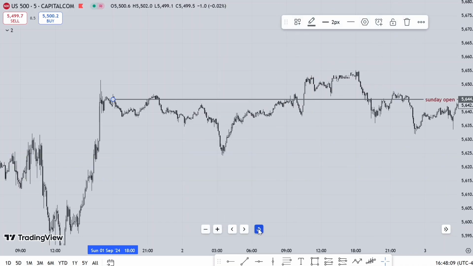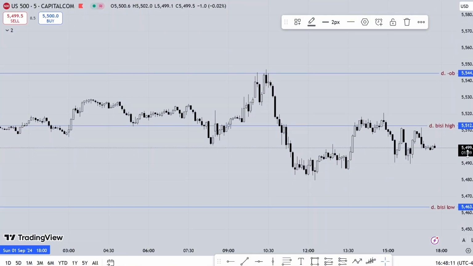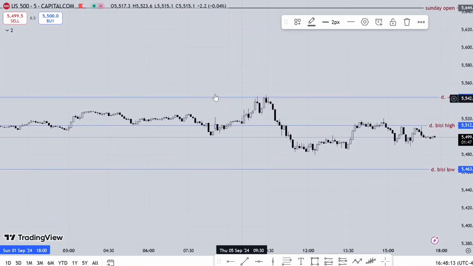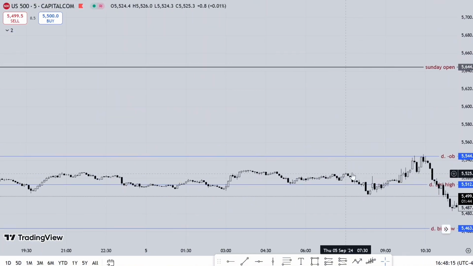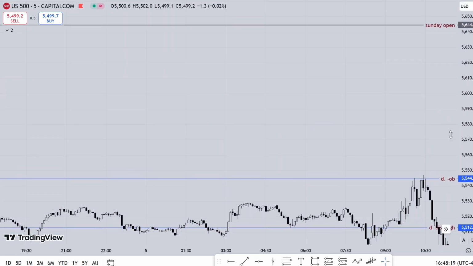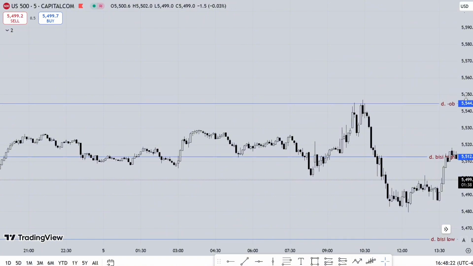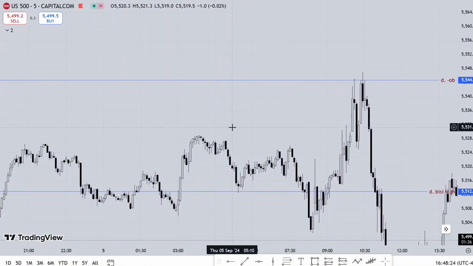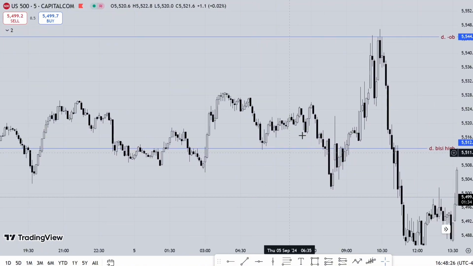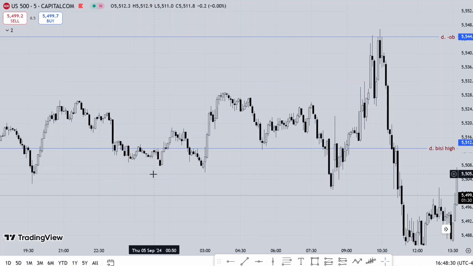Right? So because the Sunday's opening price is above current market price during the New York morning session, first and foremost, you will note your openings, your midnight open and your 8:30 a.m. open.